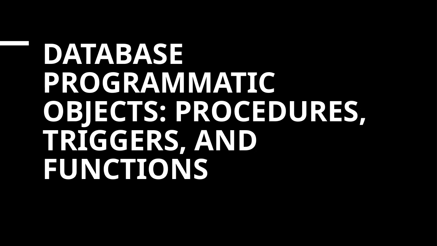Next, we'll take a closer look at three important types of programmatic objects in databases: procedures, triggers, and functions. These objects allow us to encapsulate logic directly within the database, making operations more efficient and consistent. Procedures are sets of SQL statements that can perform tasks like inserting or updating data and can be called as needed.